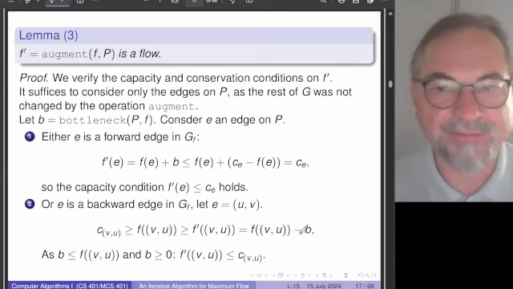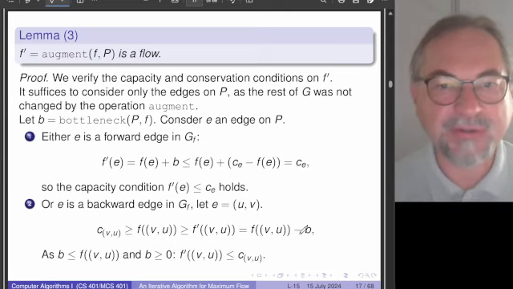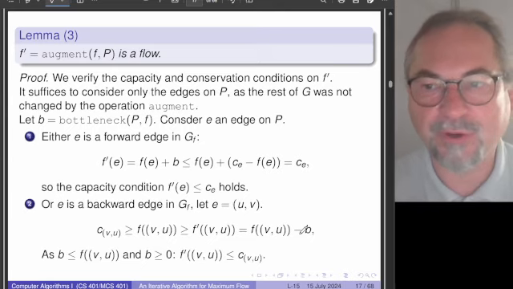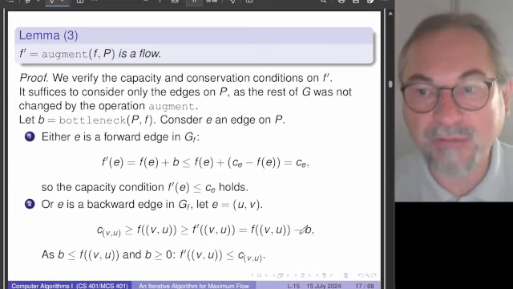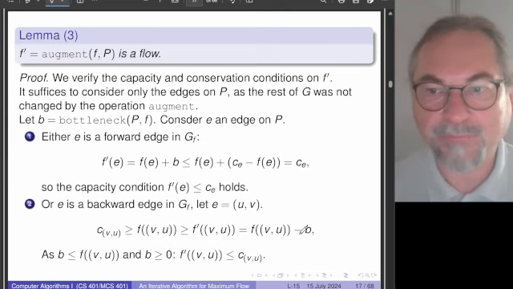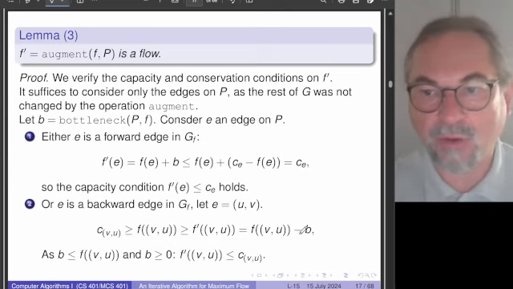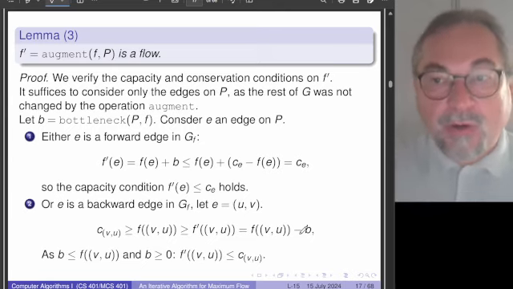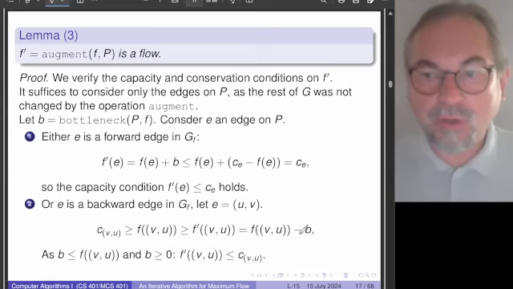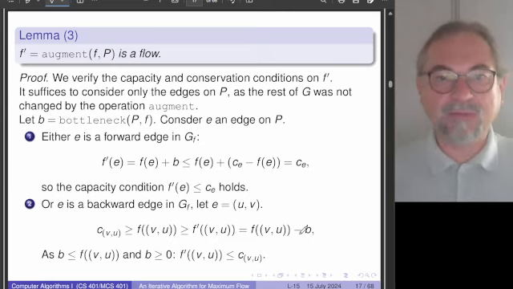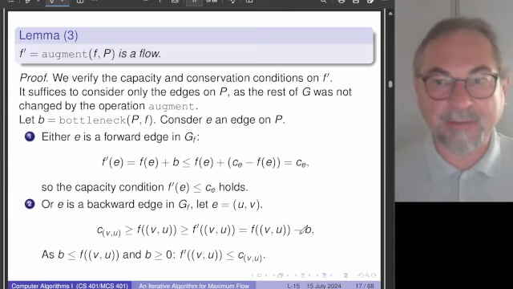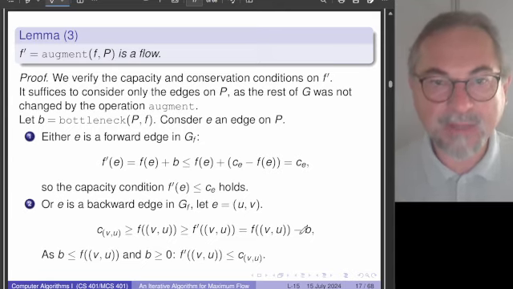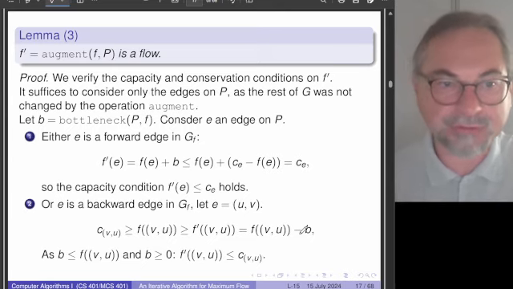So f prime is what we will use for the new assignment of a flow on all the edges in the network. We have to say that it is a flow, which means that we do not exceed the capacities, and also we respect the conservation laws.